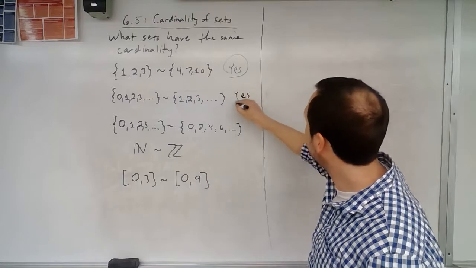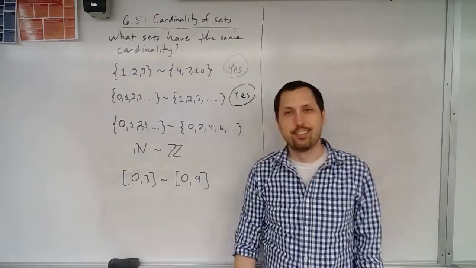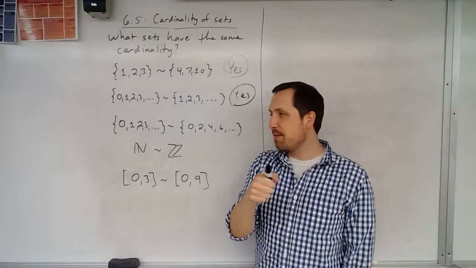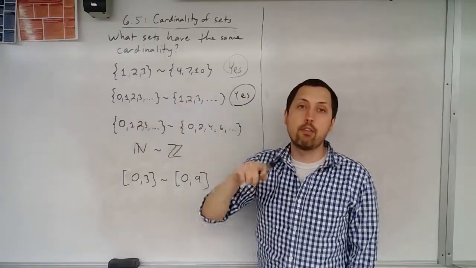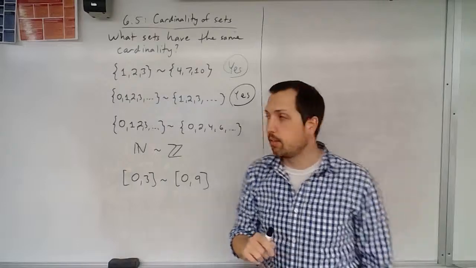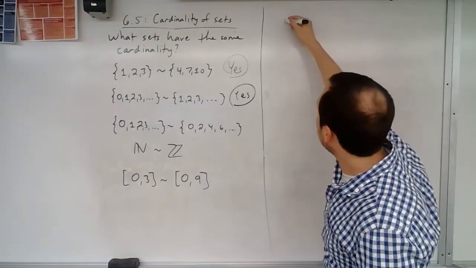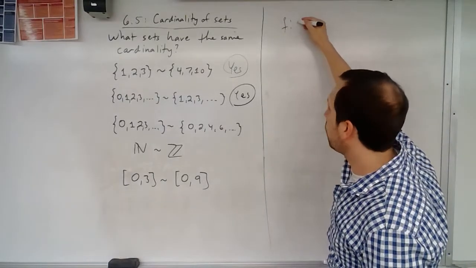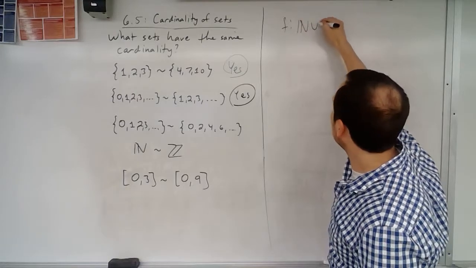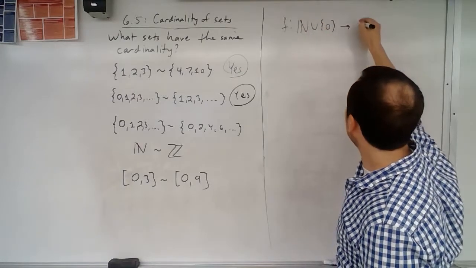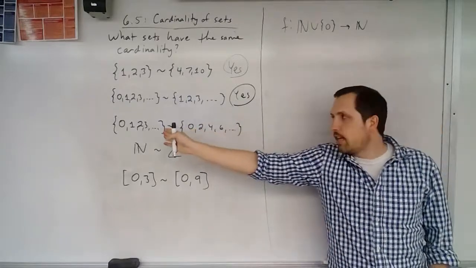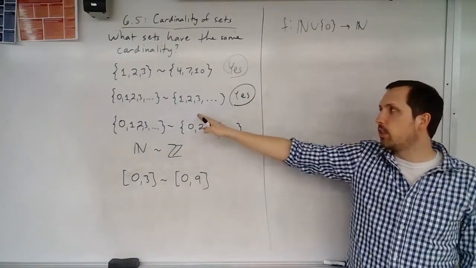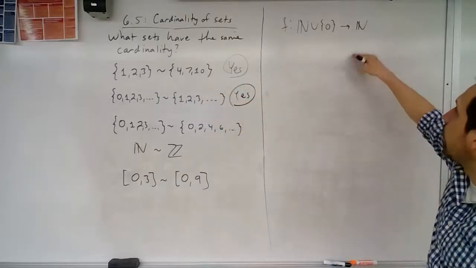Why, yes. Yes, they do. You're thinking, wait a minute now. This one's clearly bigger. Okay, but remember, we need a bijective function. So if I define this function that's going to map the natural numbers union 0 to the natural numbers, I take all of the non-negative integers and do it with just the positive ones.